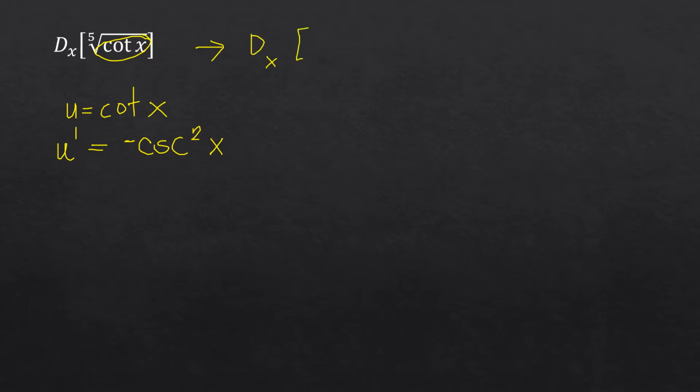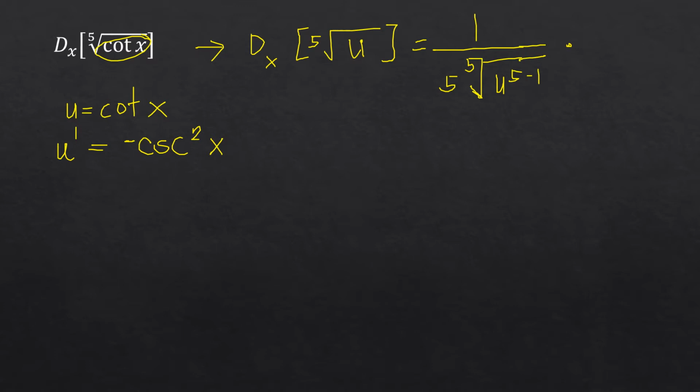On this next example, we let u be equal to cotangent x, and the derivative of cotangent x, or let's say u prime, is negative the square of cosecant x. Therefore, this will become the derivative of the fifth root of u. Okay, and u is cotangent x and it's differentiable, so we have, using the radical rule, 1/5 fifth root of u raised to 5 minus 1, then multiply that to the derivative of u, which is negative cosecant squared x.